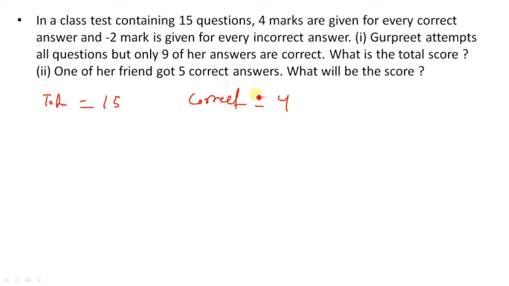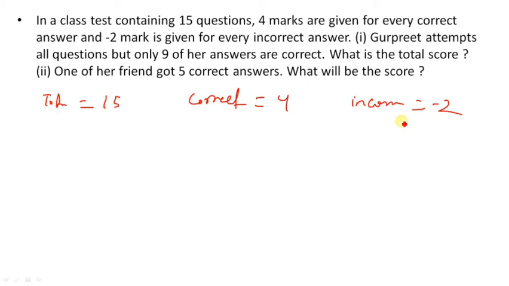Okay, we have the basic details now. Total number of questions is 15. For every correct answer, 4 marks are given, and for every incorrect answer, minus 2 marks are given.